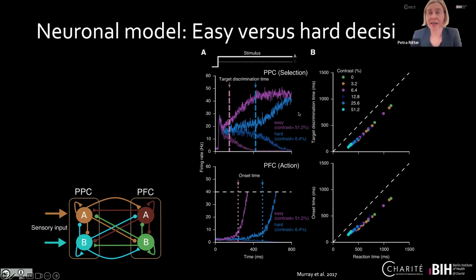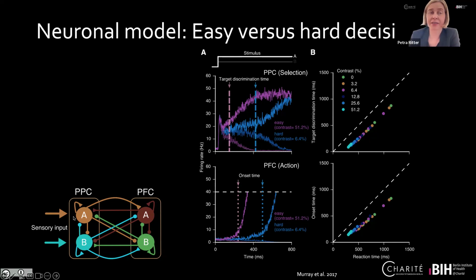So if the contrast is high, in the easy condition, the purple condition, there will be a quick ramping up and a quick reaching of the decision-making threshold in the prefrontal cortex. If the contrast is low, so the inputs in both populations are very similar and there's only a small difference, then this takes longer and can also lead to decision-making errors.